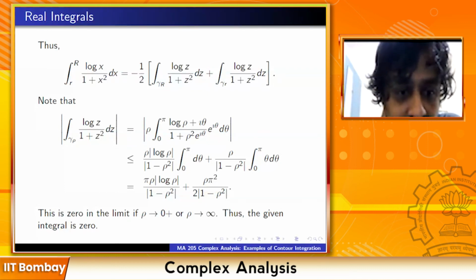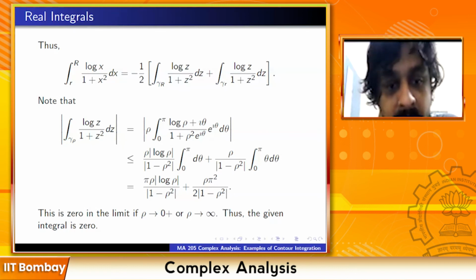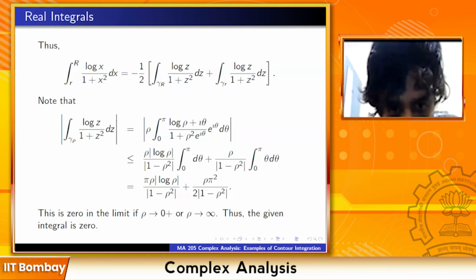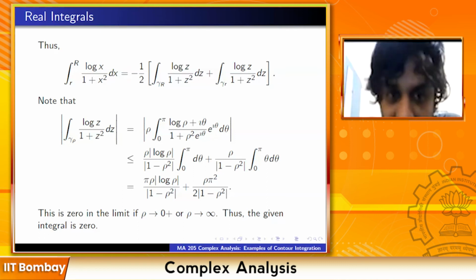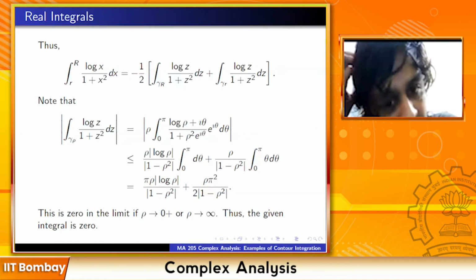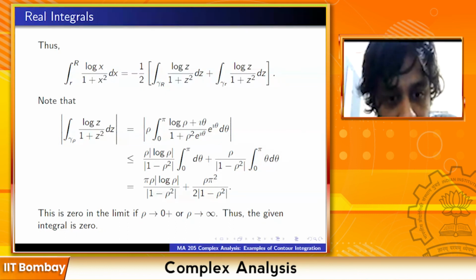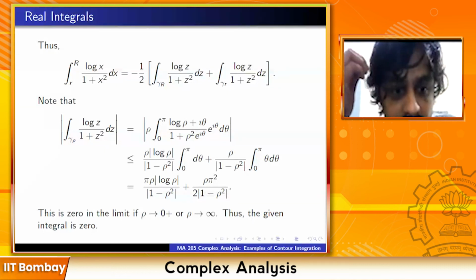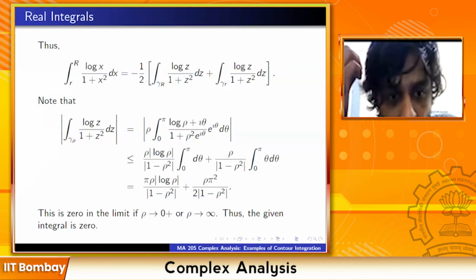Why is that? Let's look at what happens when rho tends to 0 first. When rho tends to 0, the denominators tend to 1, so the first term will tend to 1 and the second term will tend to 2 in the coefficients. And the numerators will tend to 0, because rho times modulus of log rho will go to 0 as rho tends to 0 from the right.